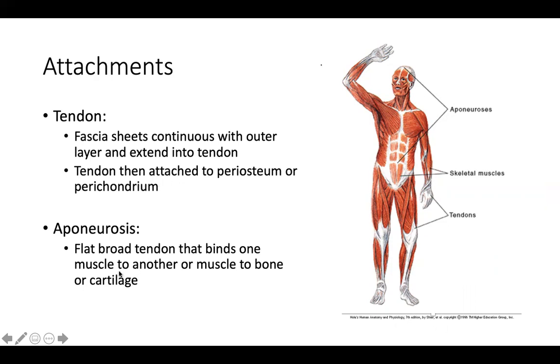We're clear. Aponeurosis is just a flat, broad tendon. So we have that here and in here, and there's an aponeurosis around the wrist as well. But yeah, it's still the same kind of tissue and function, but it's got a different structure.